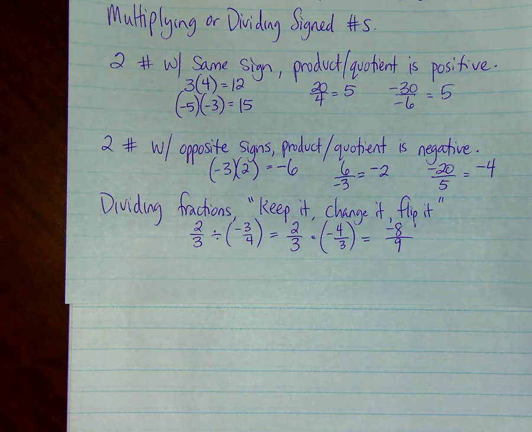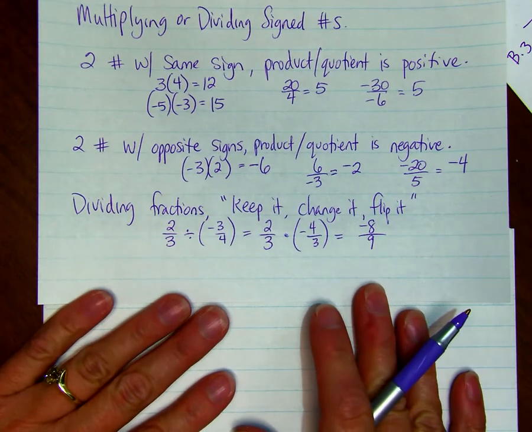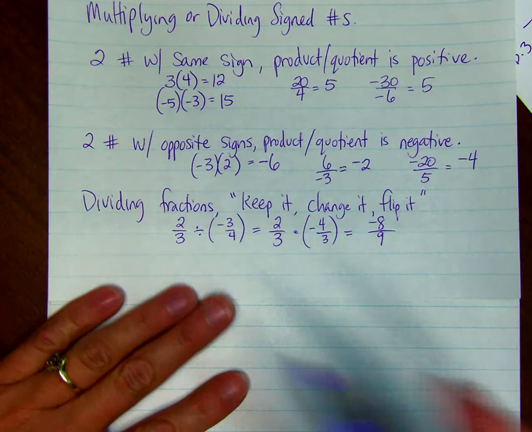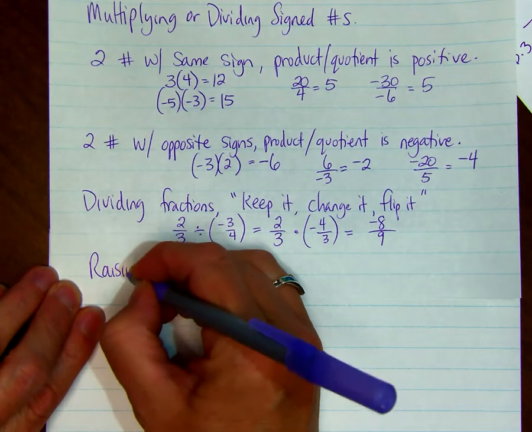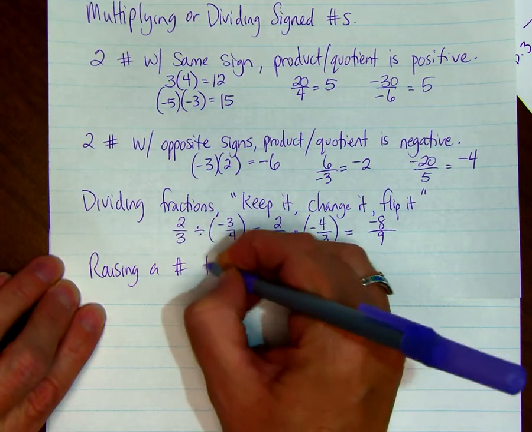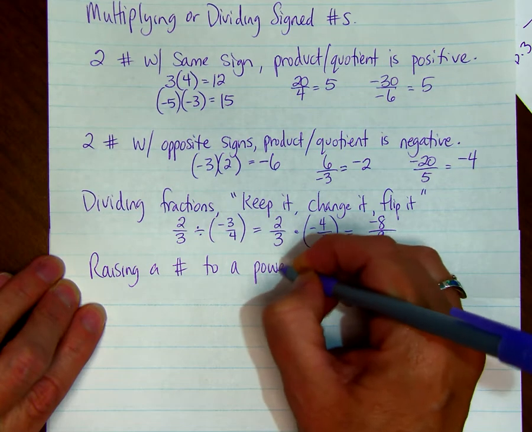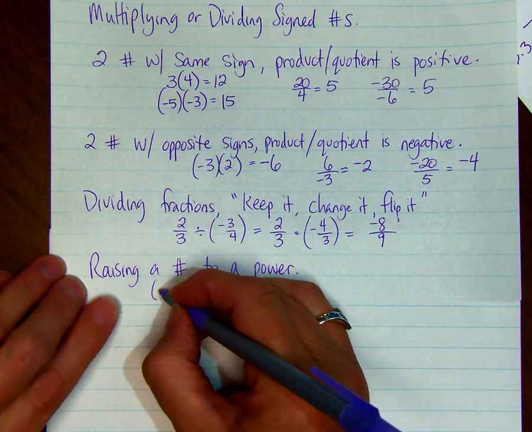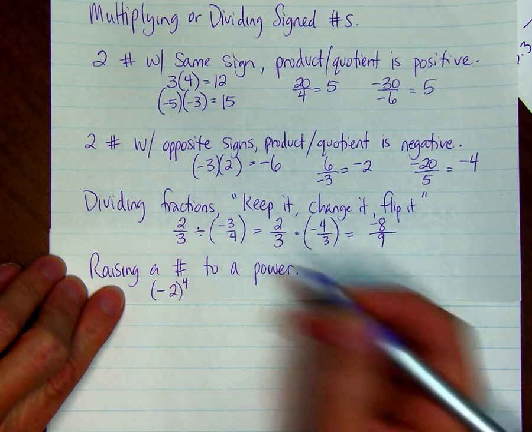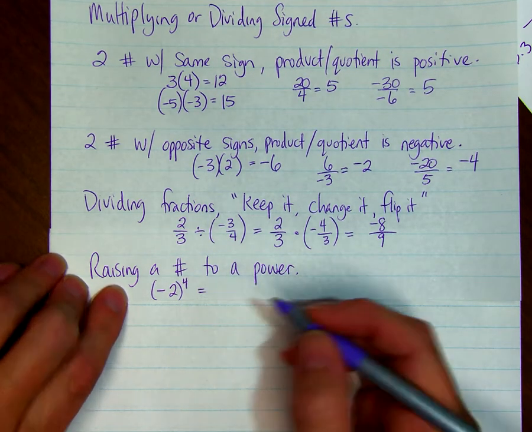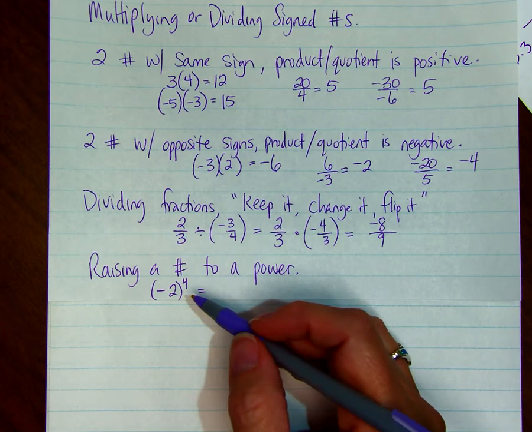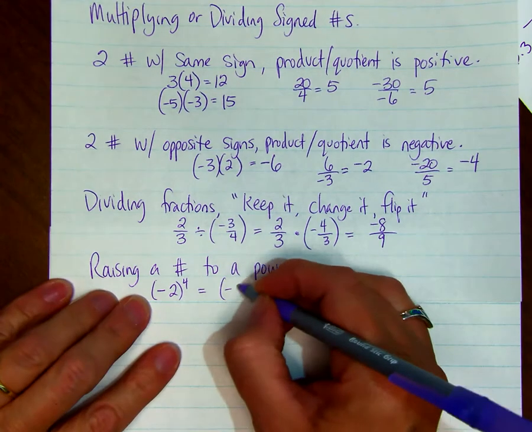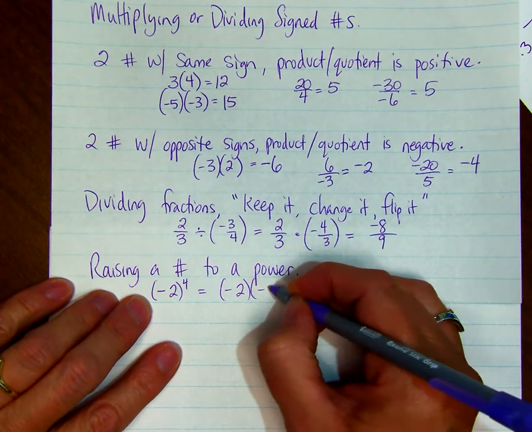If we are raising a number to a power, that means it's going to have an exponent. If we have a negative number, let's say we have -2 raised to the 4th power, because 4 is even, we're going to have a positive product.